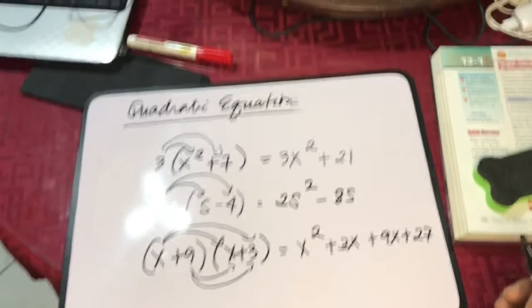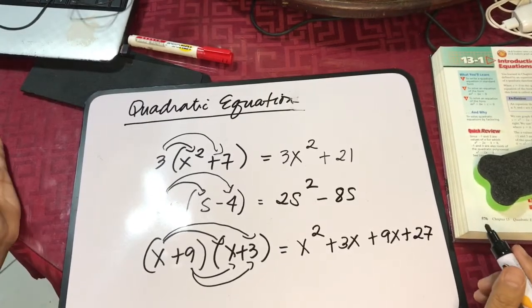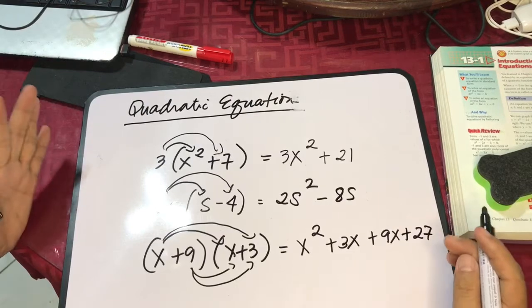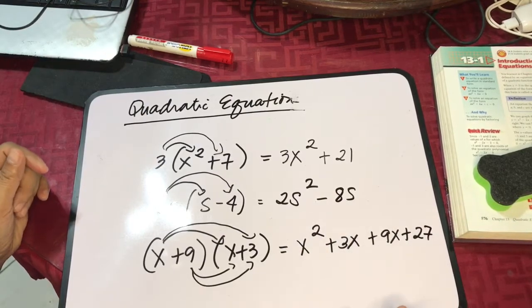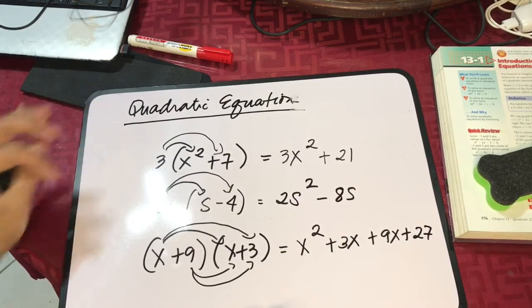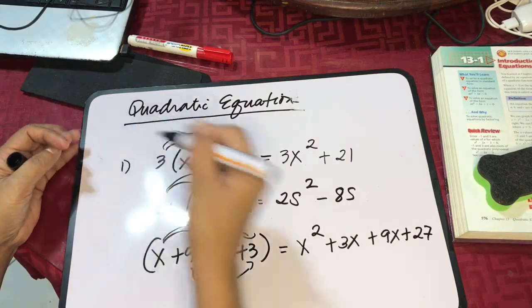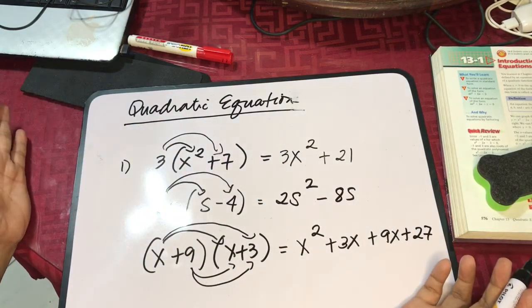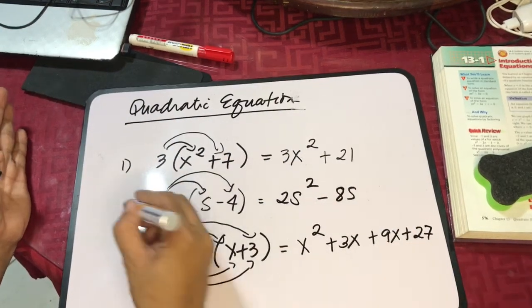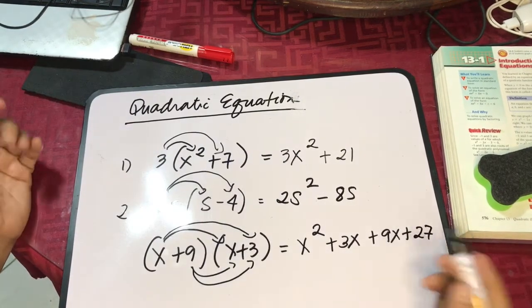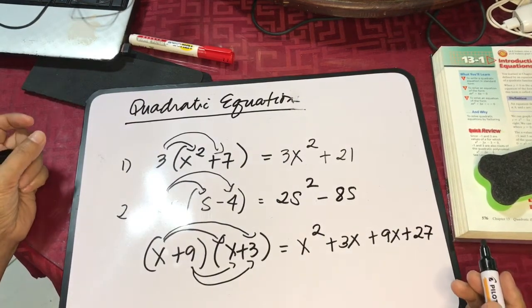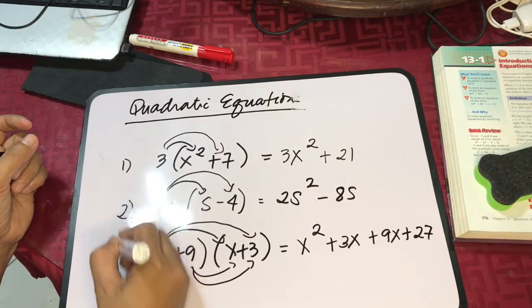Okay. What mathematical concept did we apply in getting the product? So for the first and second examples, we have the distributive property of multiplication. Now, how about number 3?